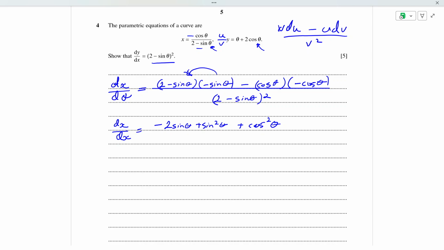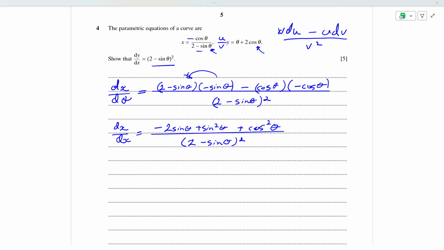Yes, plus sine theta, and then you have your cos theta right there. And then all of that is over (2 minus sine theta) squared.